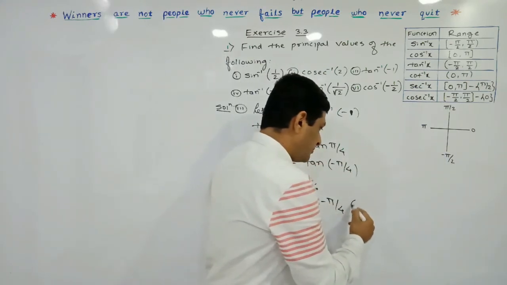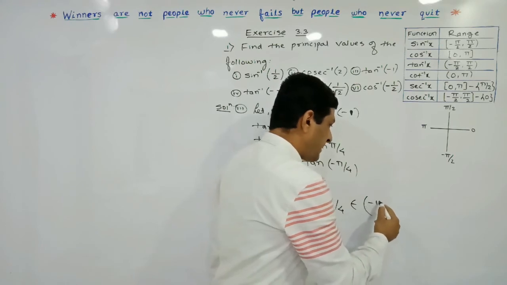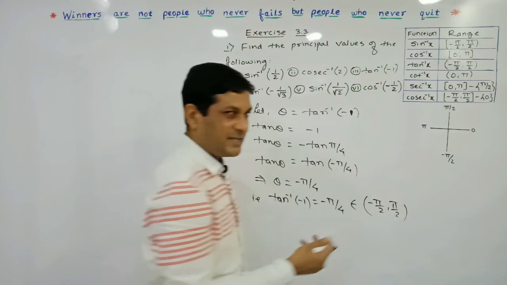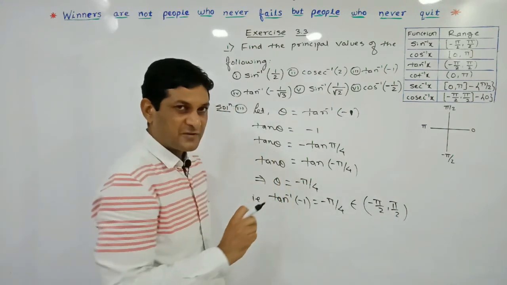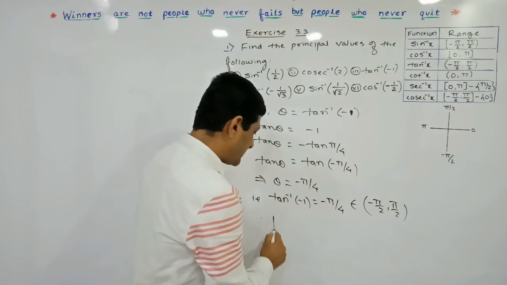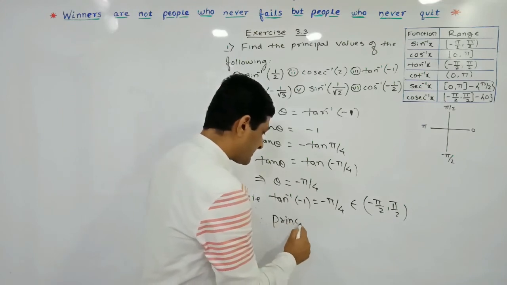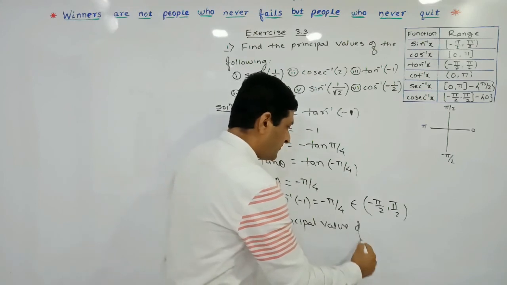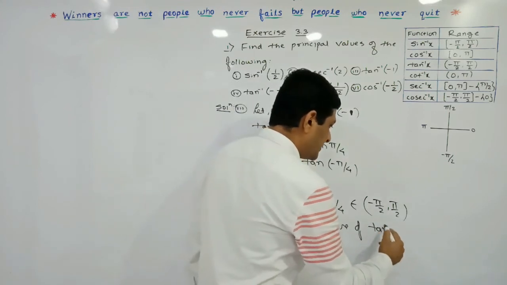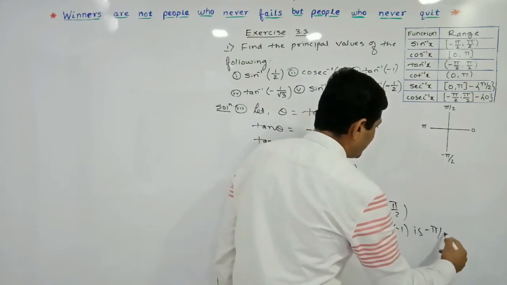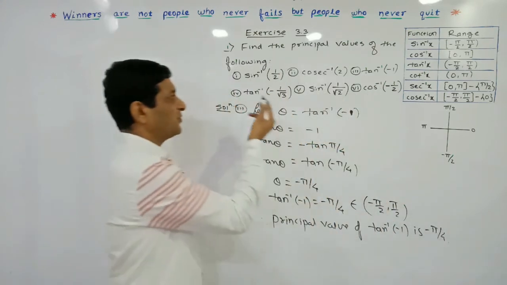So this value belongs to minus pi/2 to plus pi/2, and since it lies in the range of this inverse trigonometric function, we can say that it is the principal value. So therefore the principal value of tan inverse of -1 is minus pi/4.